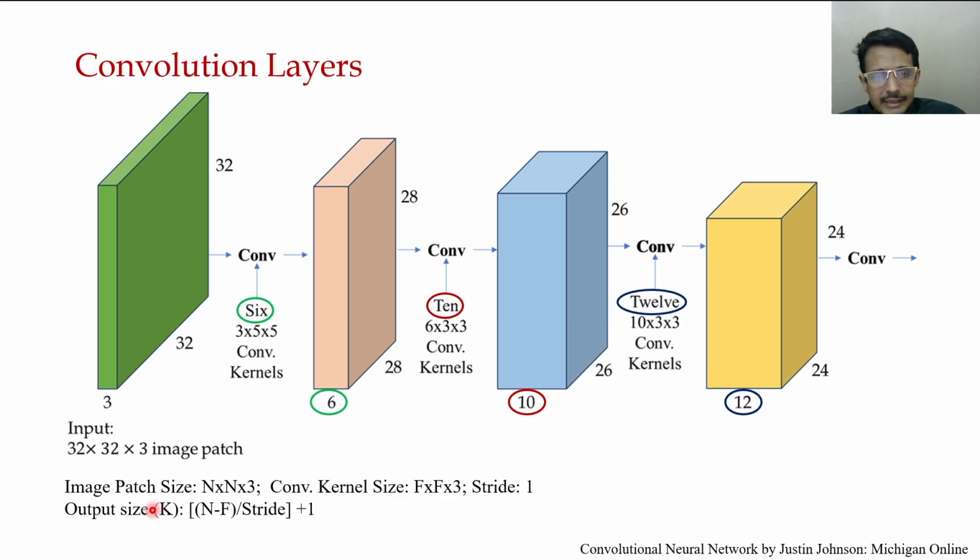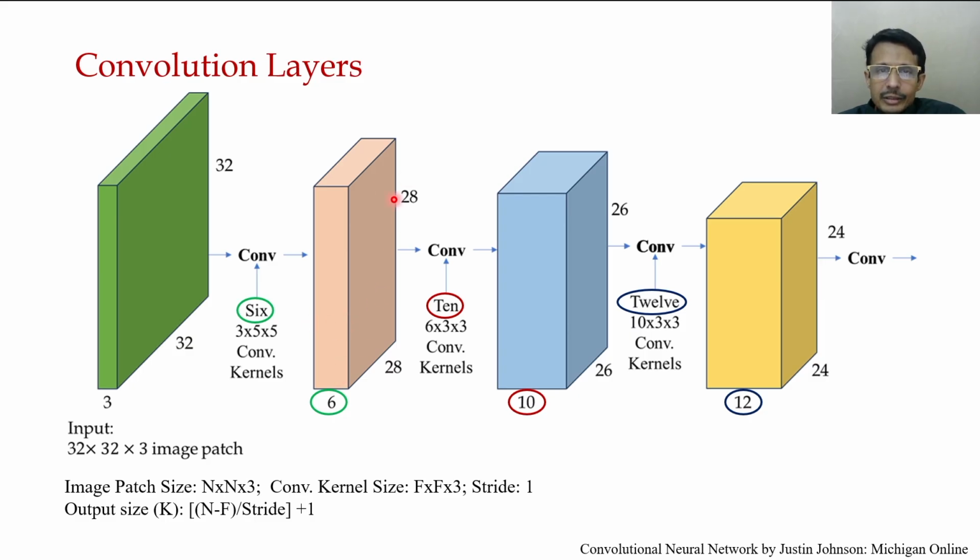As per our equation, (n − a)/stride + 1, and here the stride is always 1, this is 28 by 28. Now 6 such kernels are being used here, so the depth becomes 6.